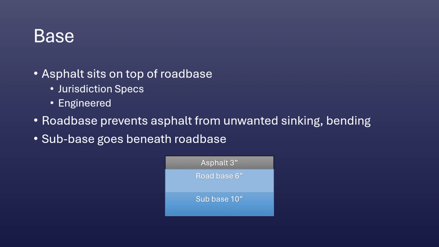Or on the flip side, it might be winter. You have water sitting underneath that asphalt, and then that water freezes. Water, when it freezes, it actually expands, which expands the asphalt and therefore creates cracking. And so the more you can do a good job of preparing your subbase, preparing your road base, and correctly installing your asphalt, the less cracking you're going to see in the future.